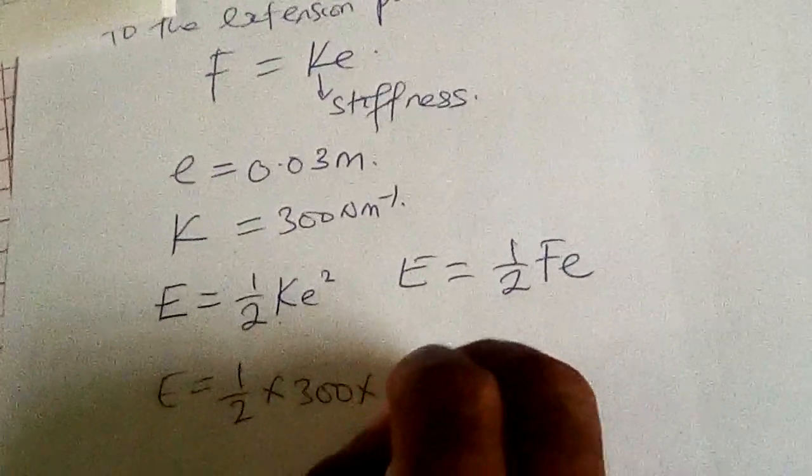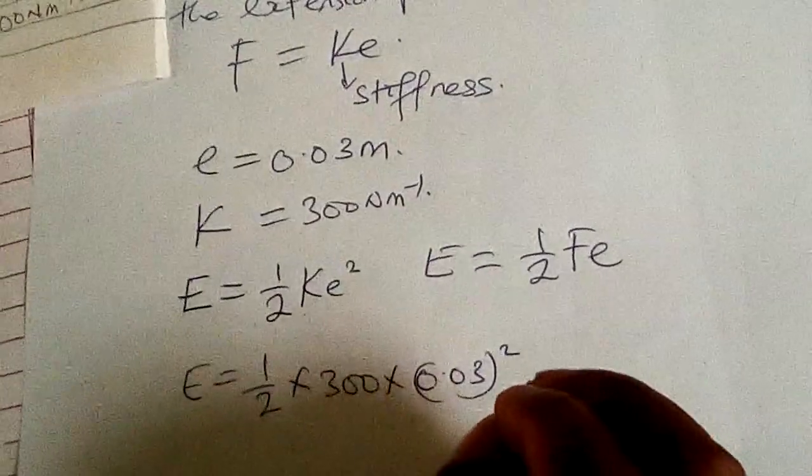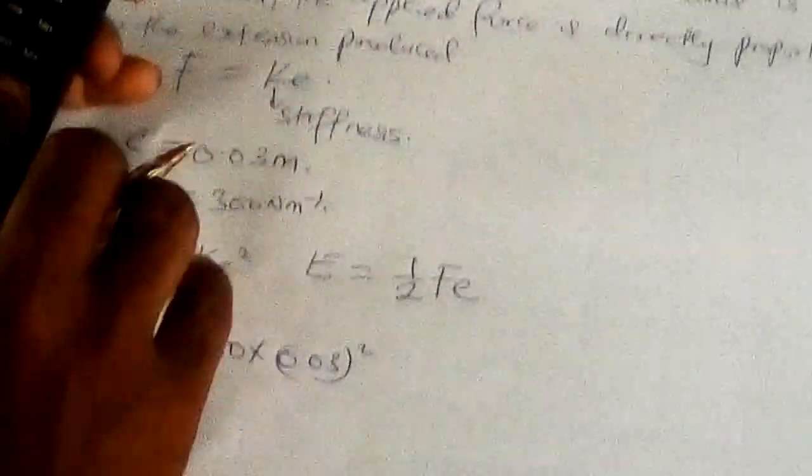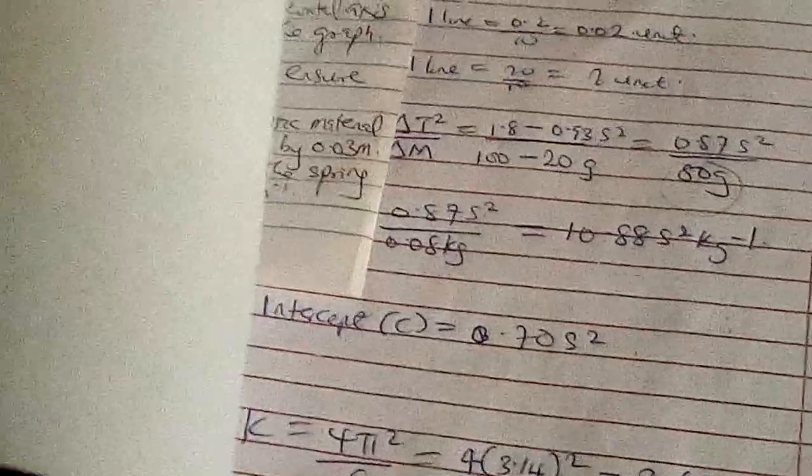When we calculate this, 300 divided by 2 is 150.